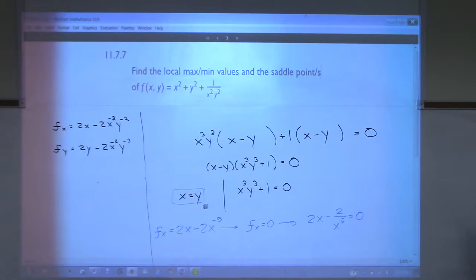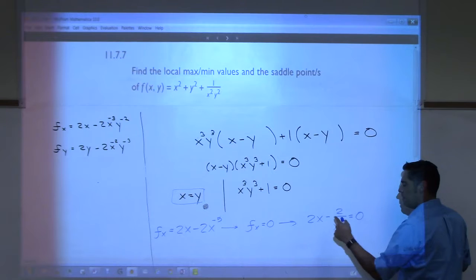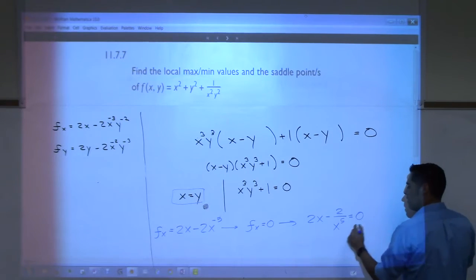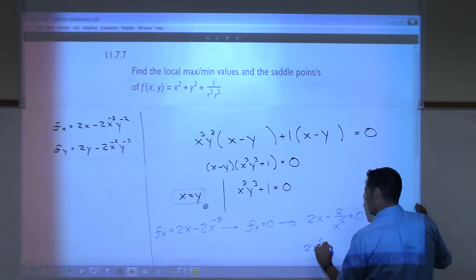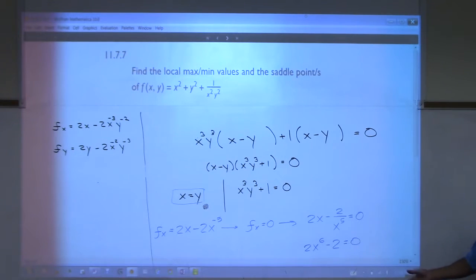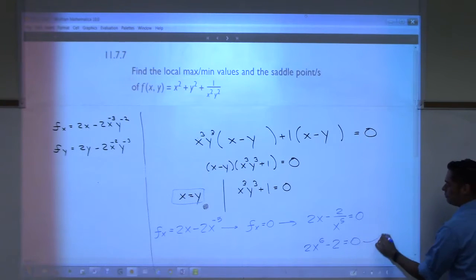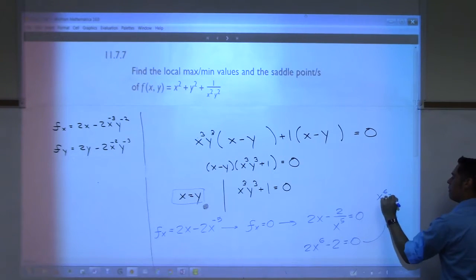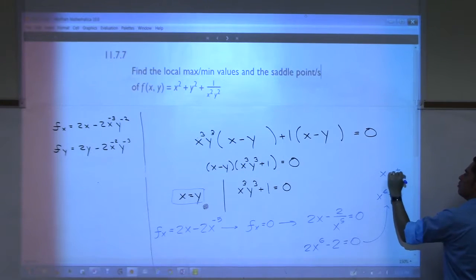Is that all right with you? Multiply this by x to the 5th, this by x to the 5th, this by x to the 5th. You get 2x to the 6th minus 2 equals 0. Move the 2 over, divide. You get x to the 6th is equal to 1. So x is equal to plus or minus 1.